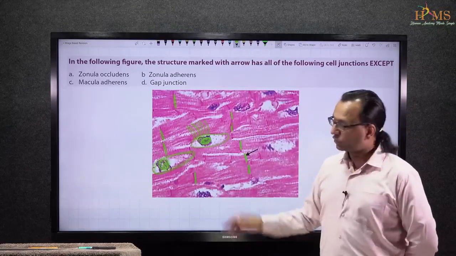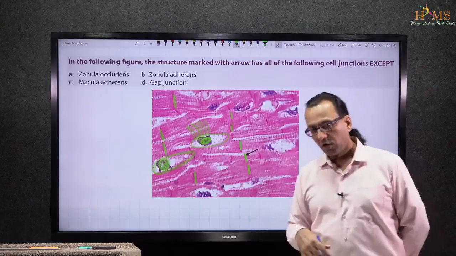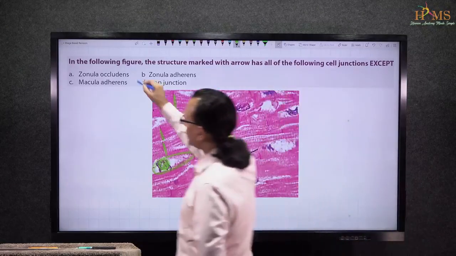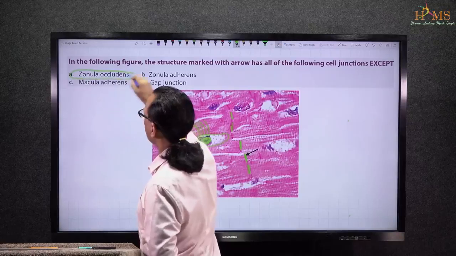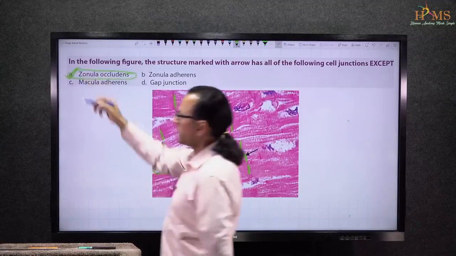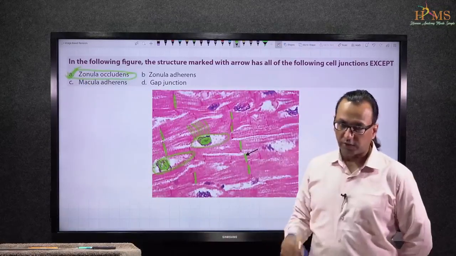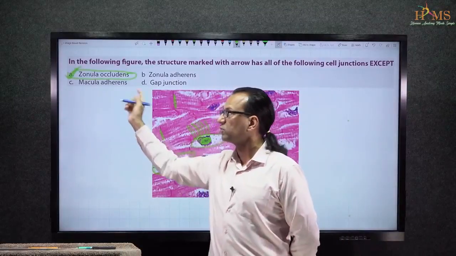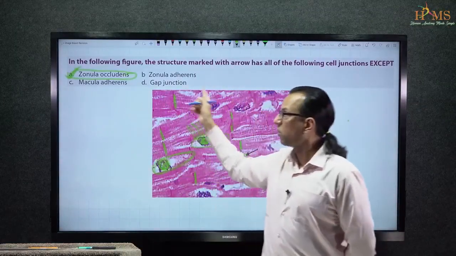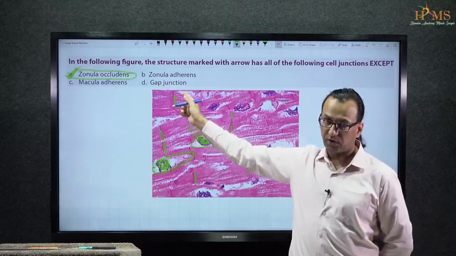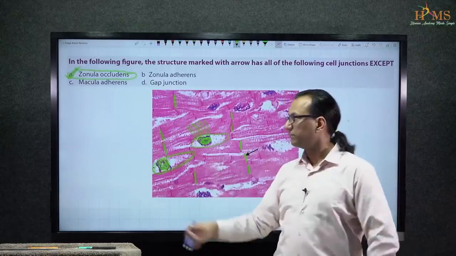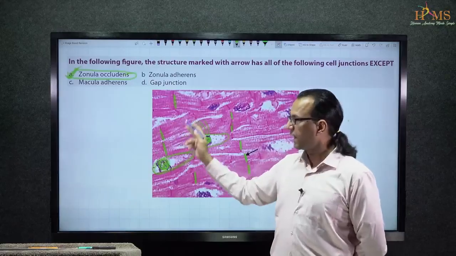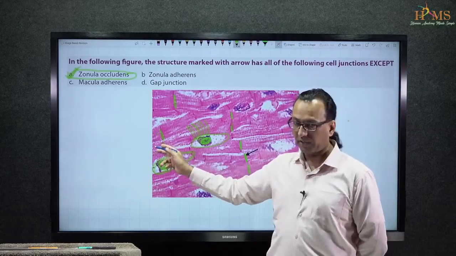They also have zona adherens, but what they don't have is the zona occludens or the tight junction. So that should be our answer. They don't have any tight junction or zona occludens. They do have zona adherens. They do have macula adherens, which is the desmosomes holding the cells together, and they do also have gap junctions for electrical synapses or sending calcium ions from one cell to the other for autorhythmicity and the rhythmic contraction.